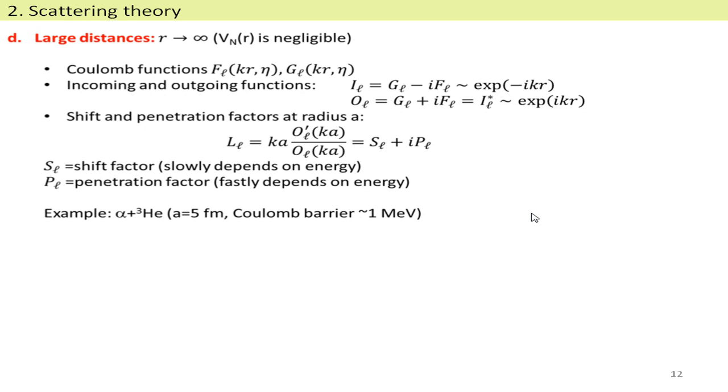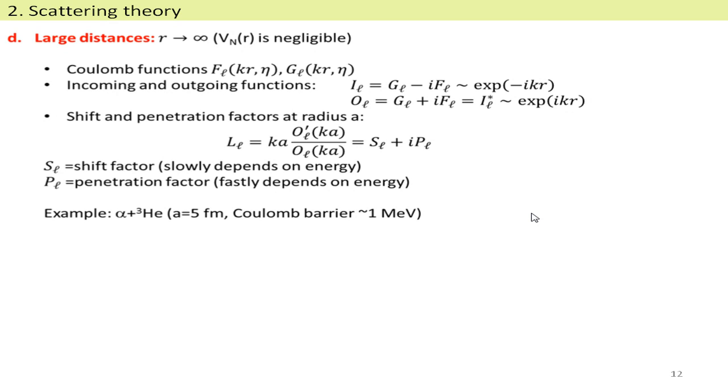And from there, you define the incoming and outgoing functions by a combination of G and F. And I, the incoming function, has this asymptotic behavior. So it's a wave which enters the nucleus. Otherwise, O is the outgoing wave.